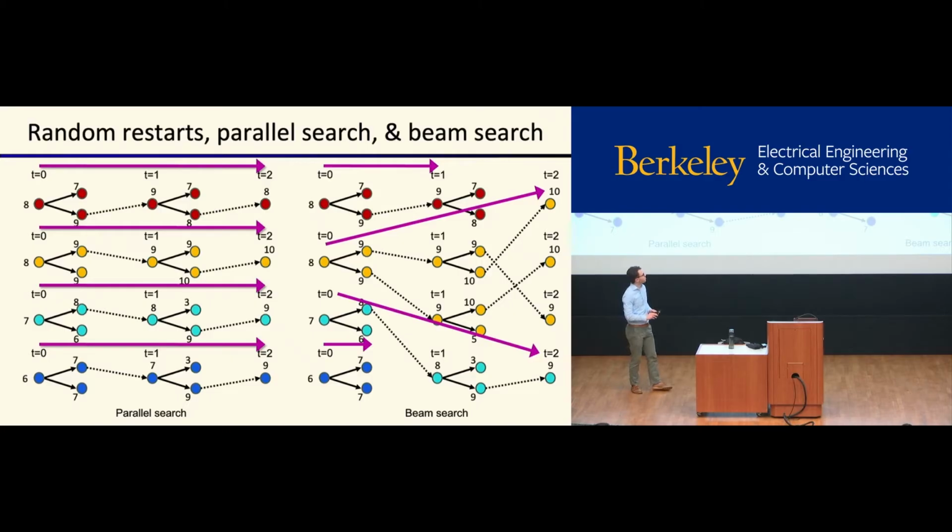So beam search is going to focus its attention on places where the objective value is the highest, and we're going to throw out the red search and we're going to throw out the blue search because they don't have objective values that are as high as the yellow and the teal. So if it's the case that yellow and teal lead us to some local maximum, but red and dark blue would have led us to a global maximum, then we're just kind of out of luck.